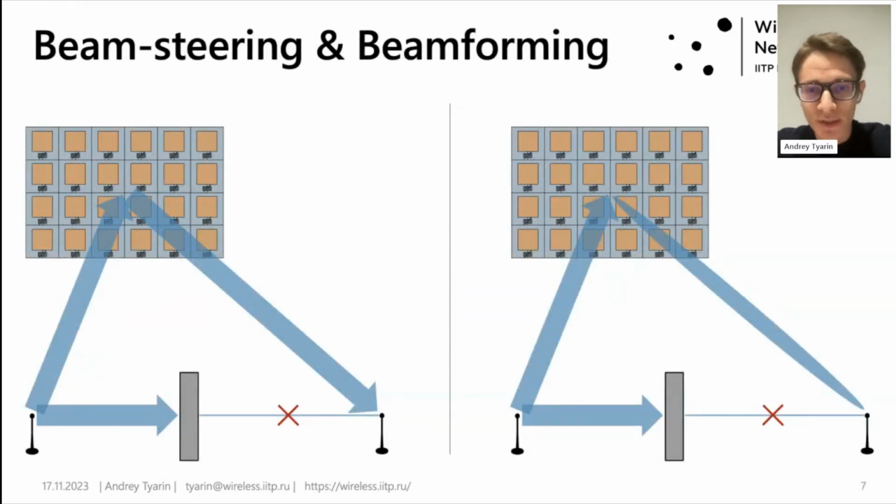For a better understanding, firstly, I want to tell you about beam steering and beam focusing. Beam steering refers to reflection described using principles out of conventional Snell's law. In that case, the reflection angle can have any value.